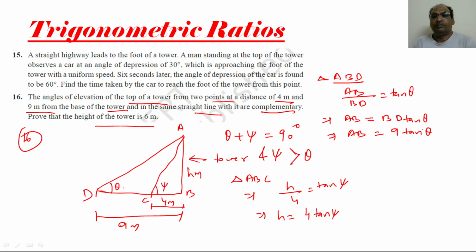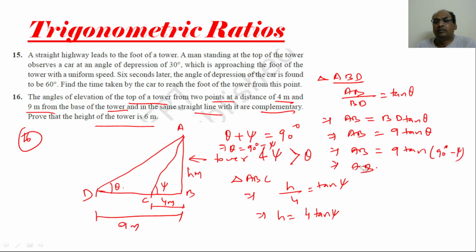Okay. Now theta is equal to what from here? 90 degree minus psi. So AB is equal to 9 tan of 90 degree minus psi, which is 9 into cot psi, or we can write that AB is equal to 9 by tan psi.